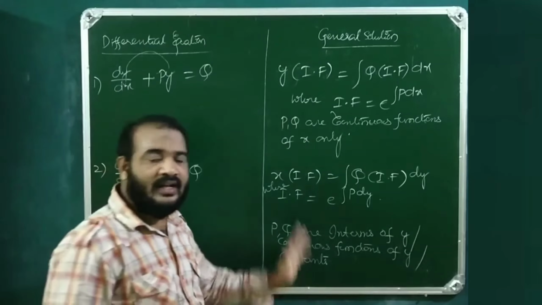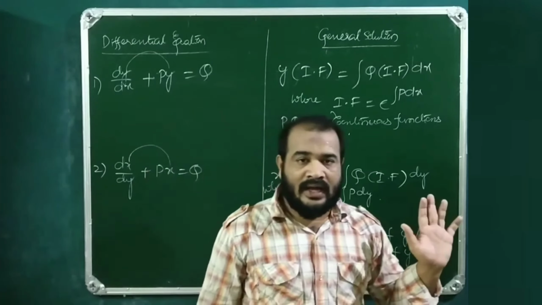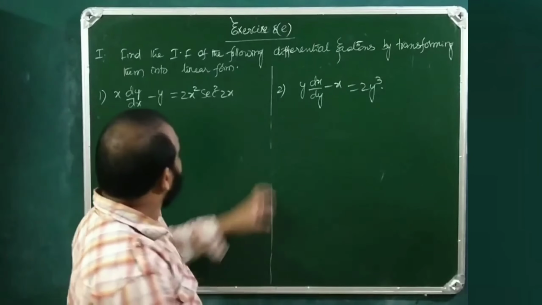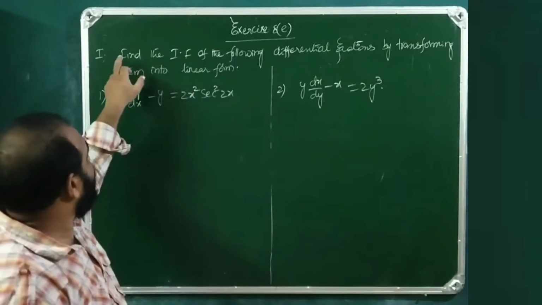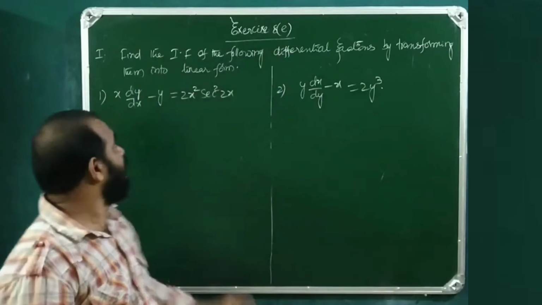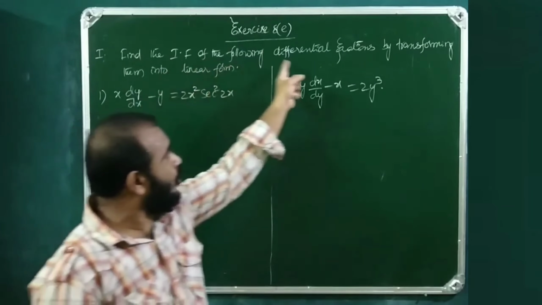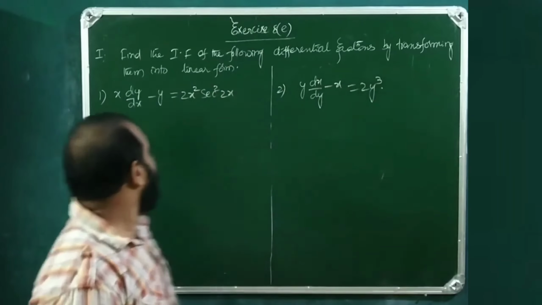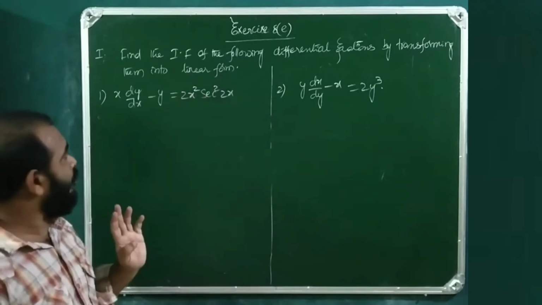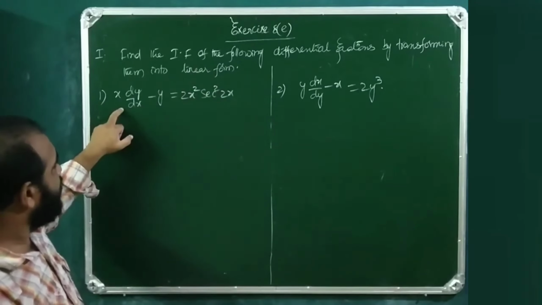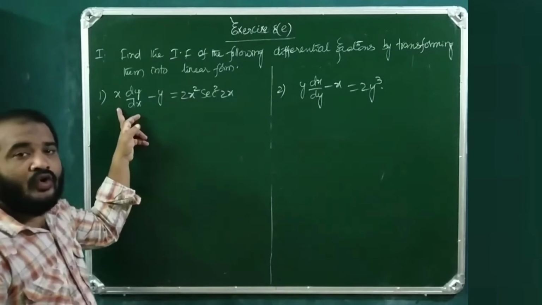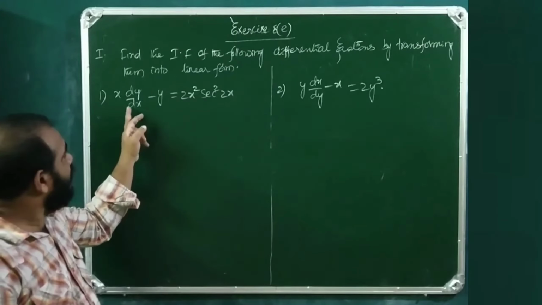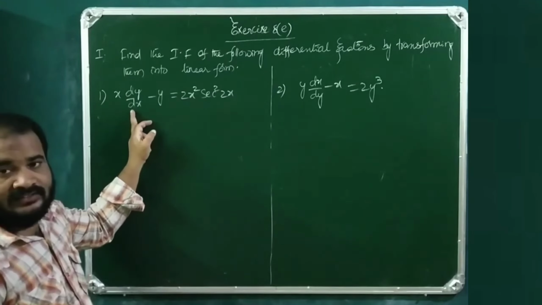Based on this, let us work out exercise 8B. This is the first problem from exercise 8B. Find the integral factor of the following differential equations by transforming them into a linear form. X dy by dx. Students are requested to correct this in the textbook.